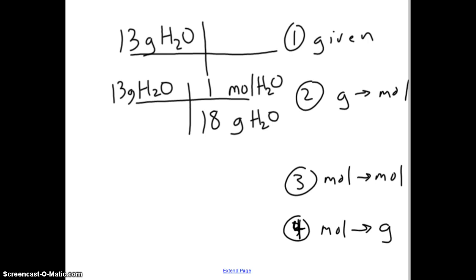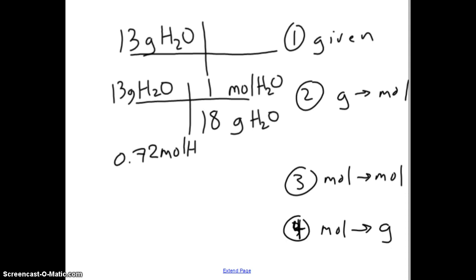Now, for step 3, we are going to take the answer to that question, which is whatever 13 divided by 18 is. What's 1 divided by 1.5? 0.72, repeating.